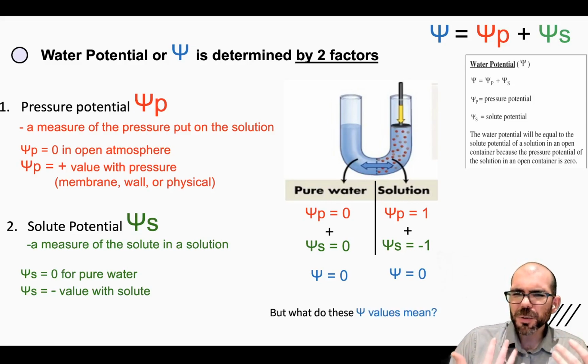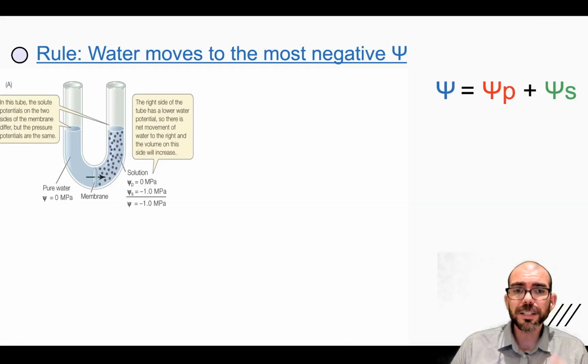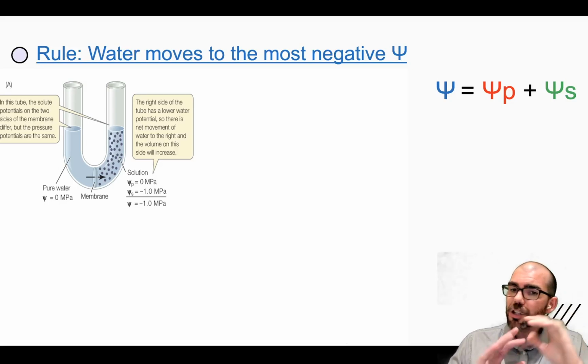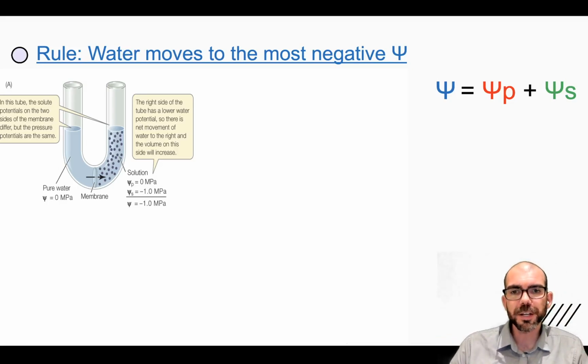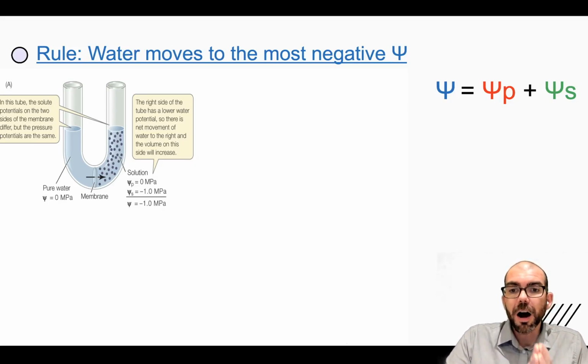But what do these values mean? Well, it depends on the situation you're working with. Let's look at a couple of examples. As a general rule of thumb when working with water potential problems, water will always move to the most negative water potential. Or to say it another way, osmosis will move to the most negative Ψ.